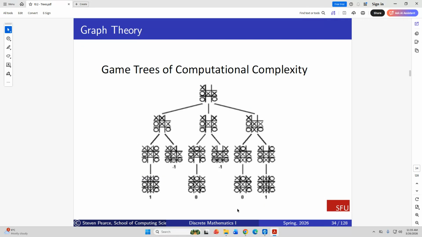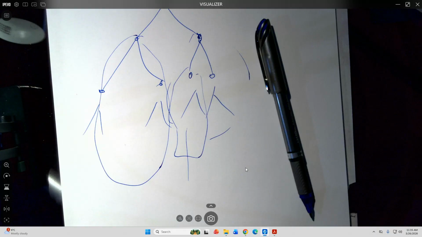Here you can see the game tree of tic-tac-toe. In artificial intelligence, we find ways of simplifying these things by, say, in this case, rotational symmetry. You can eliminate some of the branches just simply by rotational symmetry. What does that mean?